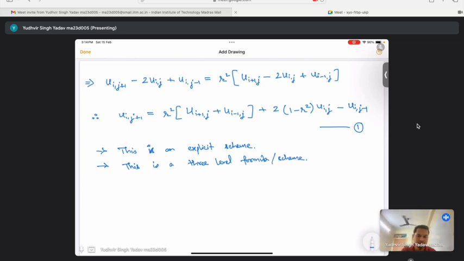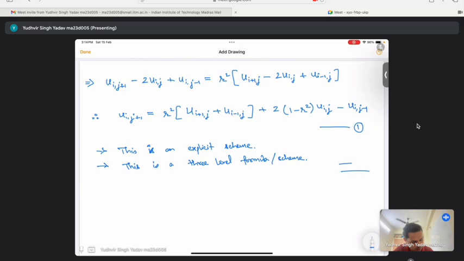How are we saying that it is three level? Since you can see here, the j plus one level we have to find. So we also have the jth level and we also have the j minus one level. So there are three time steps involved in a single step. So it is a three-level formula.